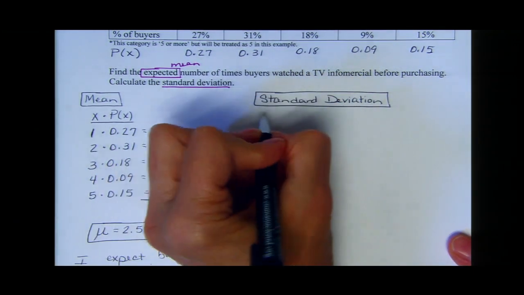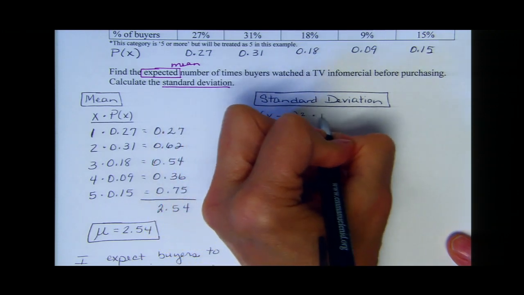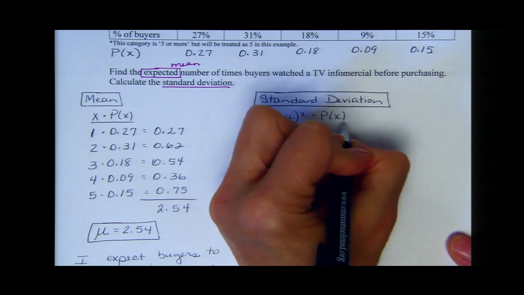So now we have to do x minus mu squared times p of x.